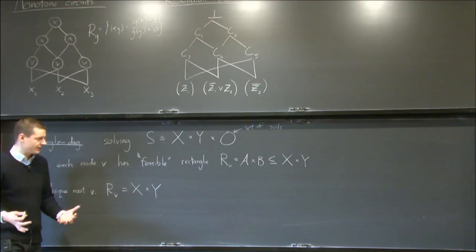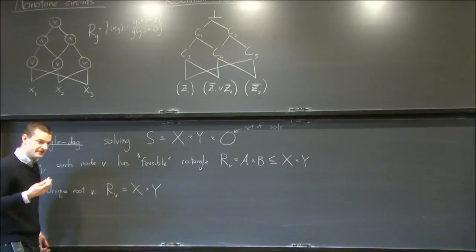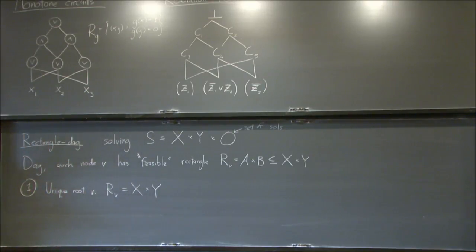And this would happen recursively. This is a DAG-like model, so this is basically the only difference from a tree-like protocol, the next property: instead of having a feasible set and partitioning it into two, we just cover it, the children of a node cover the feasible set of its parent.